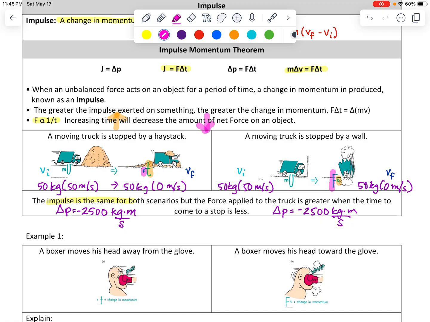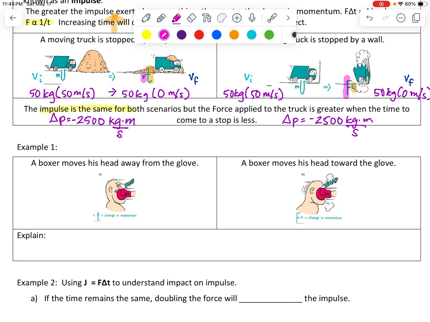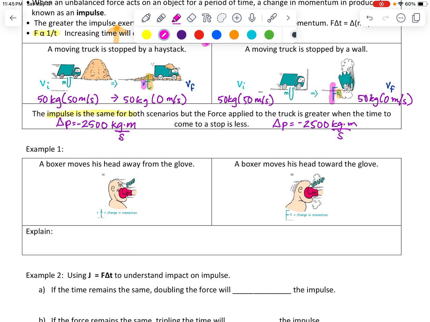This is what saves lives with airbags, right? Think about trampolines, think about when you fall, you want to make sure that that fall time takes a longer time. That's why you kind of roll, in a sense, instead of just landing on your feet and impacting, or like landing on your shoulder, right? Because that can break your bone. But if you can roll, you might get a bruise, but you won't actually break a bone.